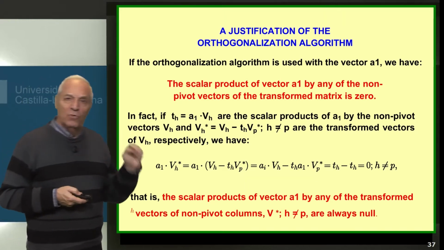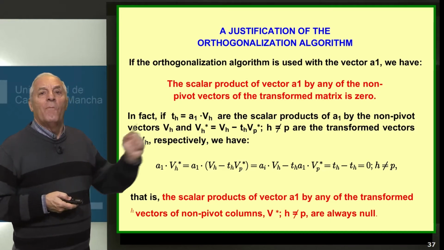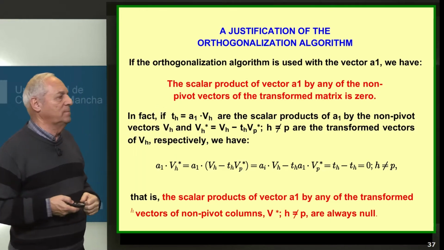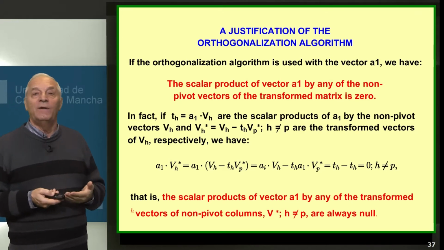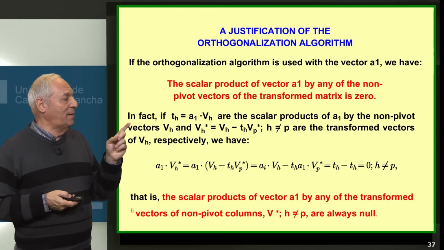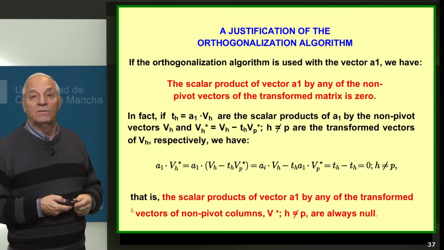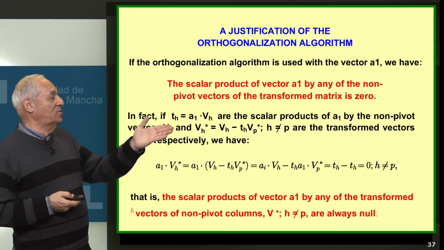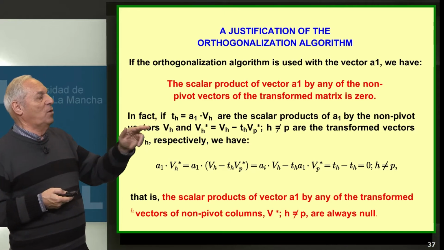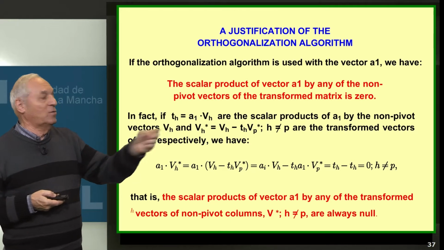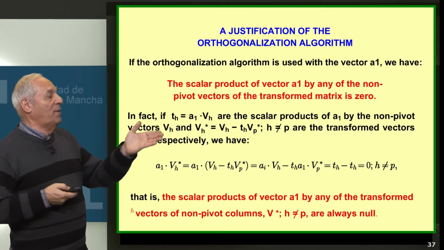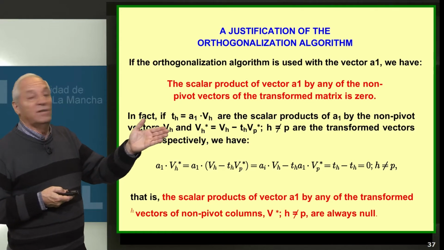Now, let's see how much the scalar product of vector A1 by vh*, the transformed vector, is worth. We write it there, A1 by vh*, and simply, vh* is replaced by its value, what we have got up there, and that is vh minus th by vp*. We apply the distributive property to this operation, and we consider what each thing is worth.